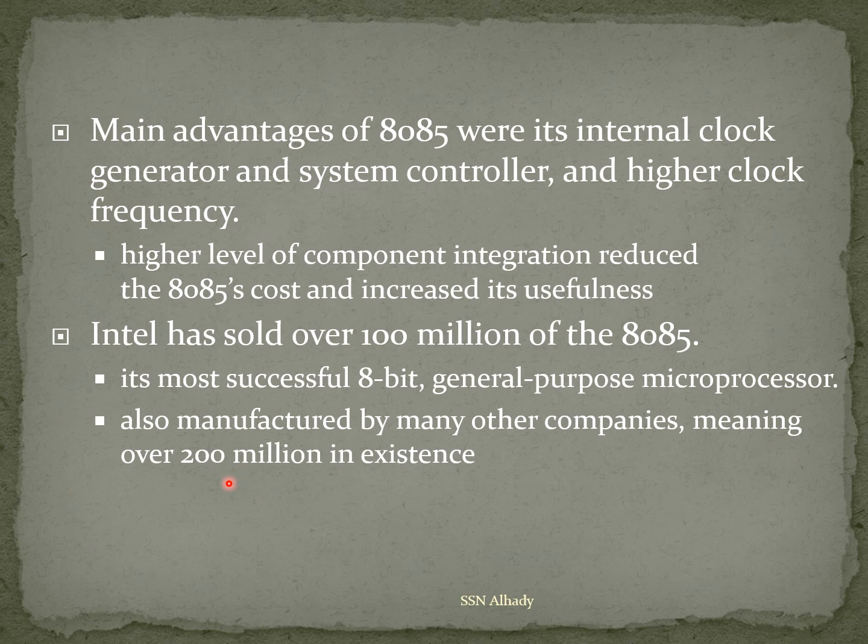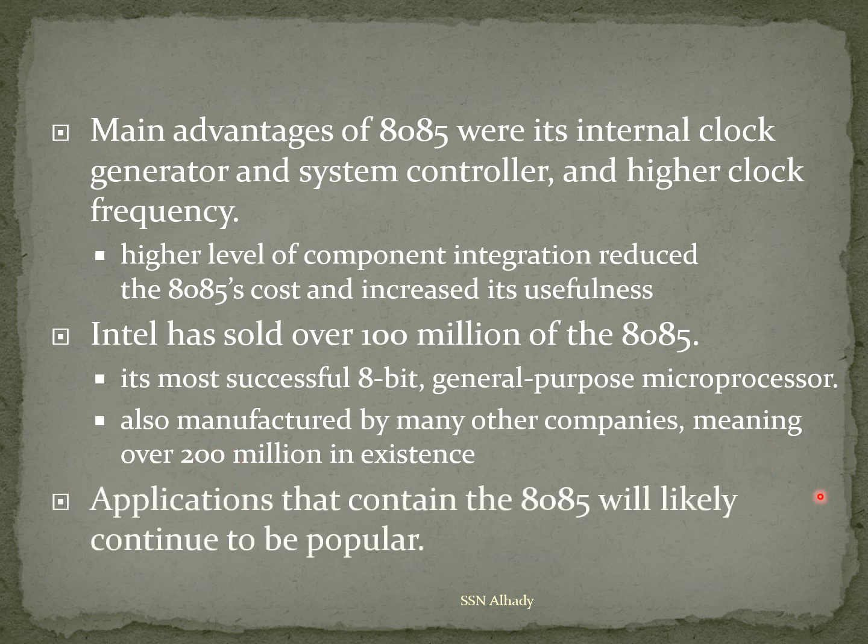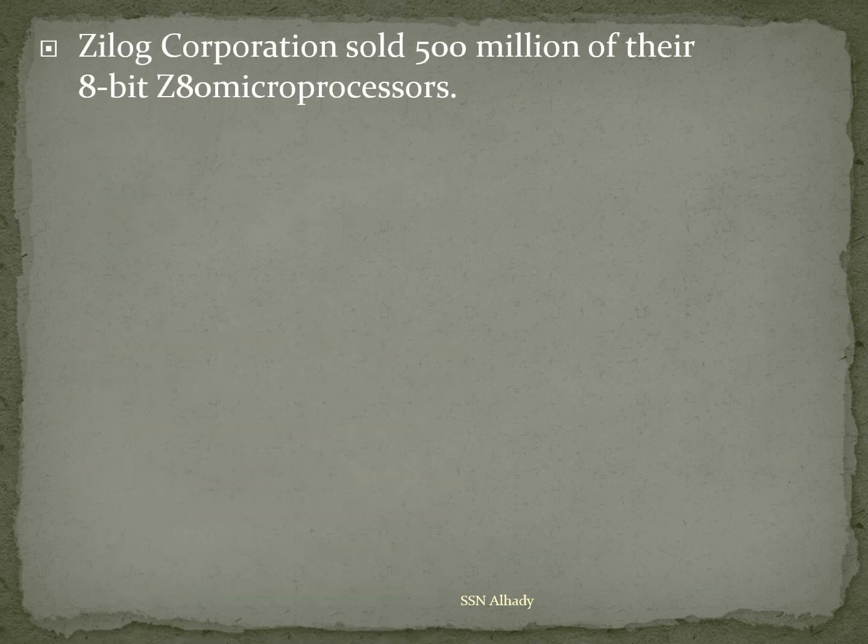So it means that there are over 200 million in existence. Applications that contain the 8085 will likely continue to be popular. Even today, for some small applications, it is reasonable to use the 8085.